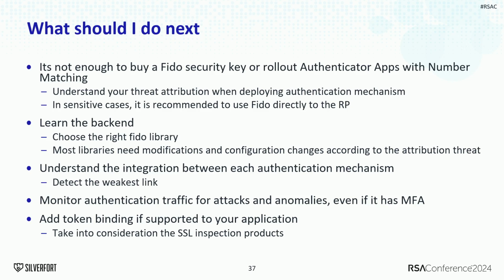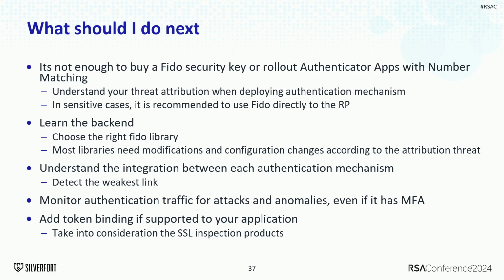protection features directly to the application, and learn the backend, because you need to choose the right FIDO library if you're a software developer. Most libraries need modifications and configurations, changes to the attribute threat, and understand the integration between each authentication mechanism, because if you add more, it doesn't necessarily mean you're more protected.